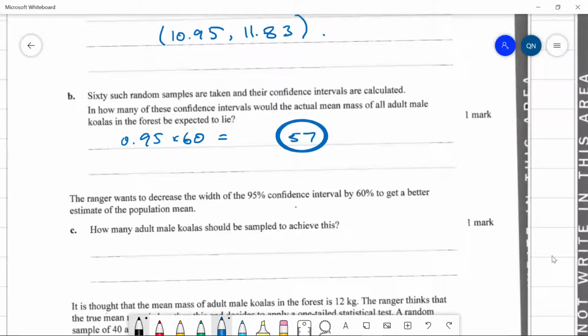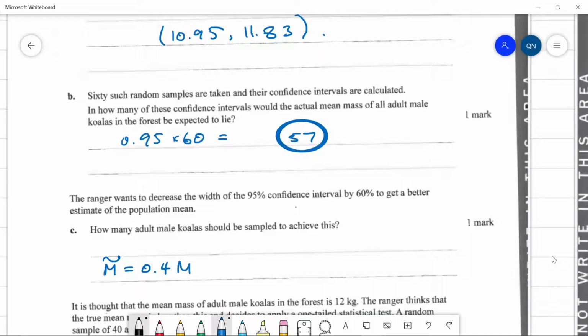I forgot how to do this question. So a ranger wants to decrease the width by 60% to get a better estimate of the population mean. So we want the new margin of error to be equal to 0.4 of the original margin of error.